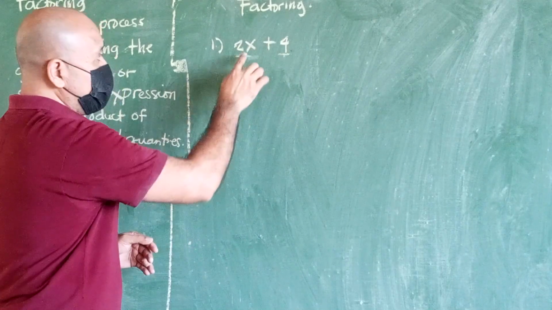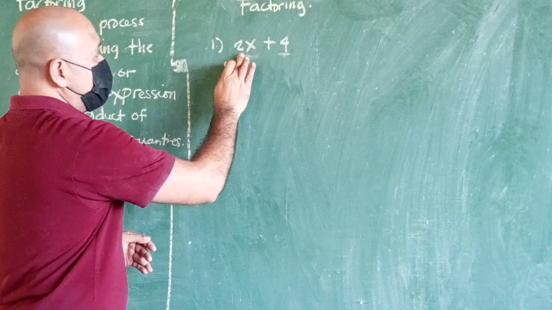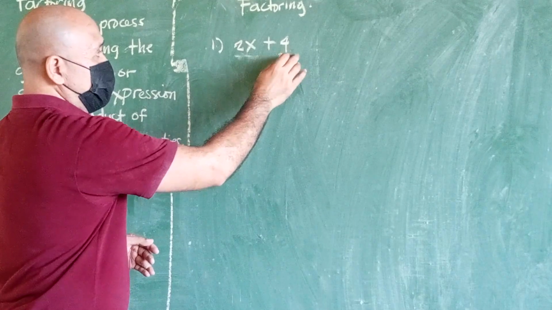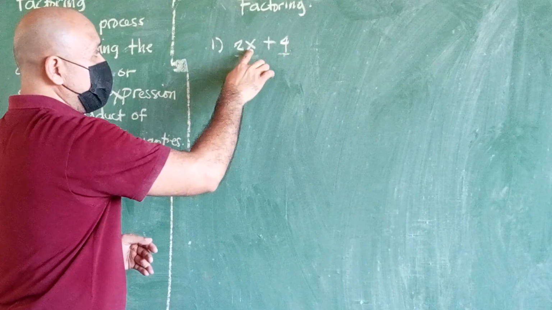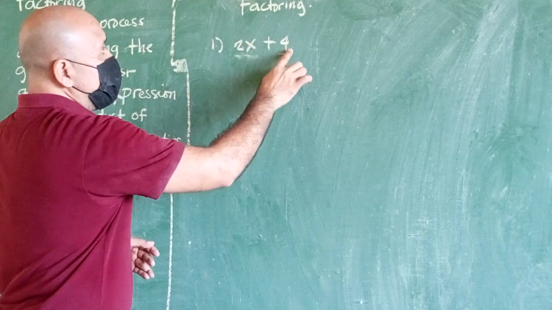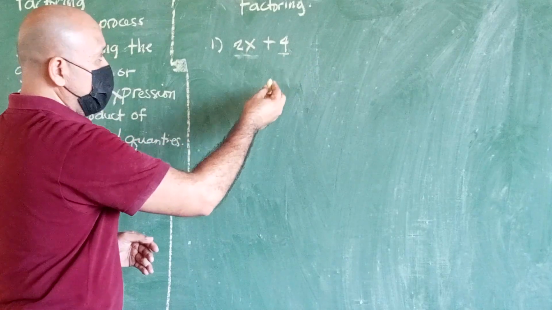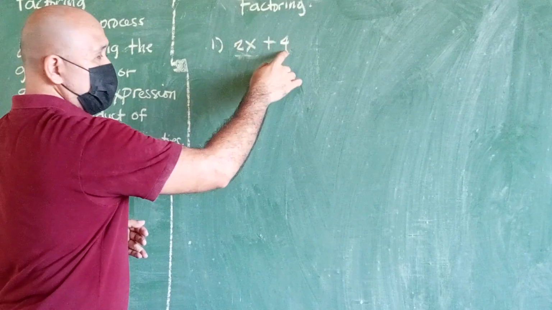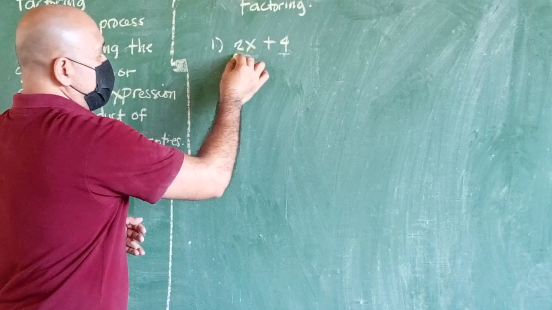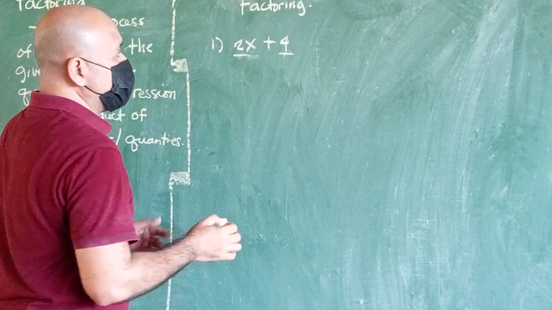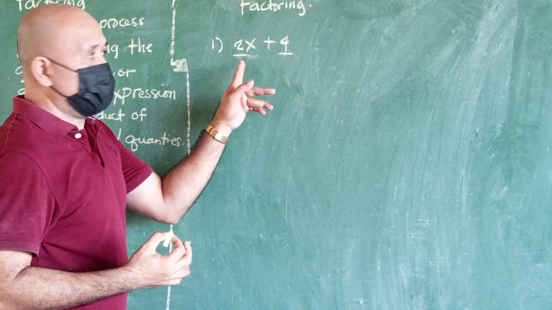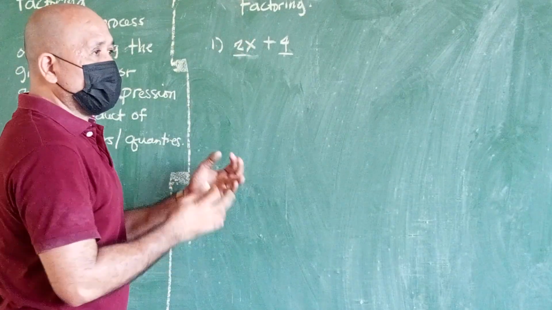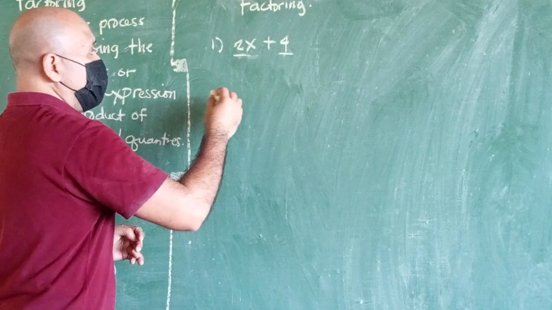But obviously, the variable here is only given in the first term, while the second term does not have any variable. So therefore, you cannot say that there is a common x here also. And then after that, you compare the coefficient 2 and the last term, which is 4. And obviously, between 2 and 4, there is a common value. And that common value, we call common monomial. And that is what you should factor out.